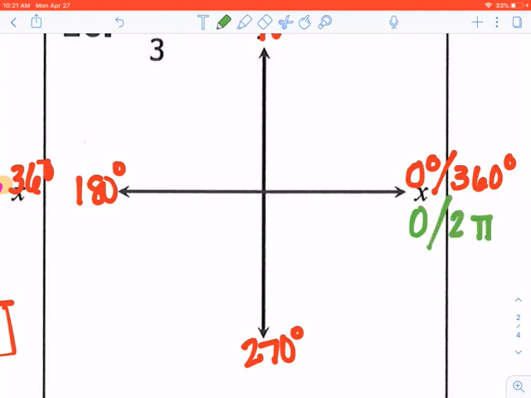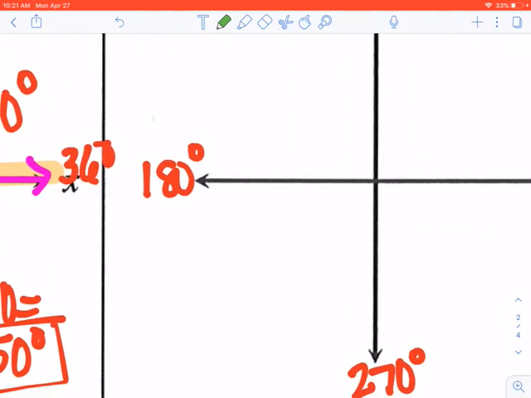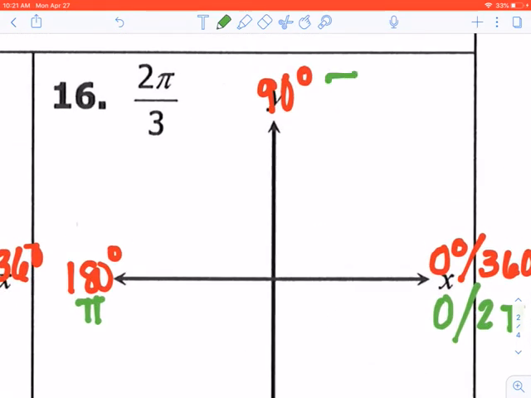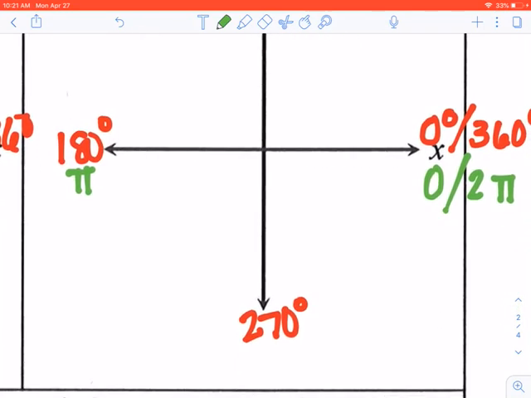We know that 360 degrees is 2 pi. 180 degrees we know is pi because it's half of the 2 pi, right? At 90 degrees, we get pi over 2 radians, half of the 180. And then at 270 degrees, we get 3 pi over 2 radians.